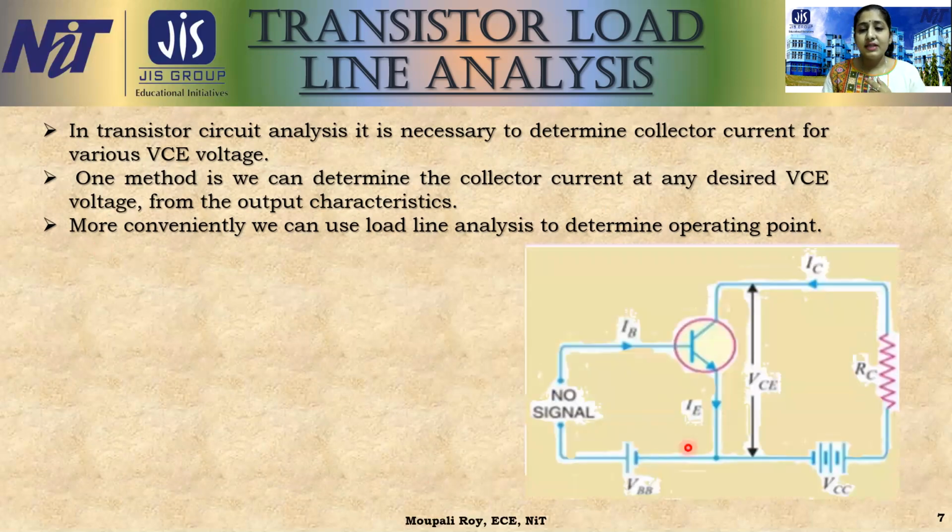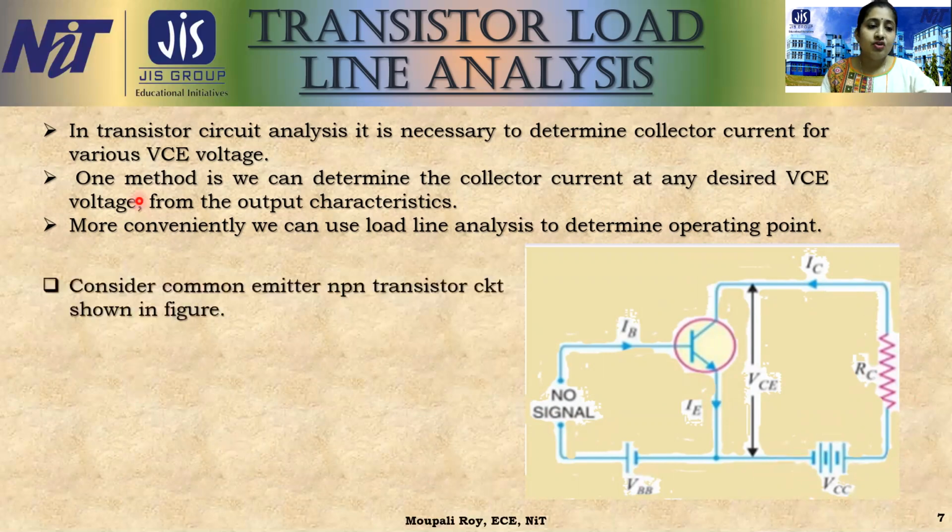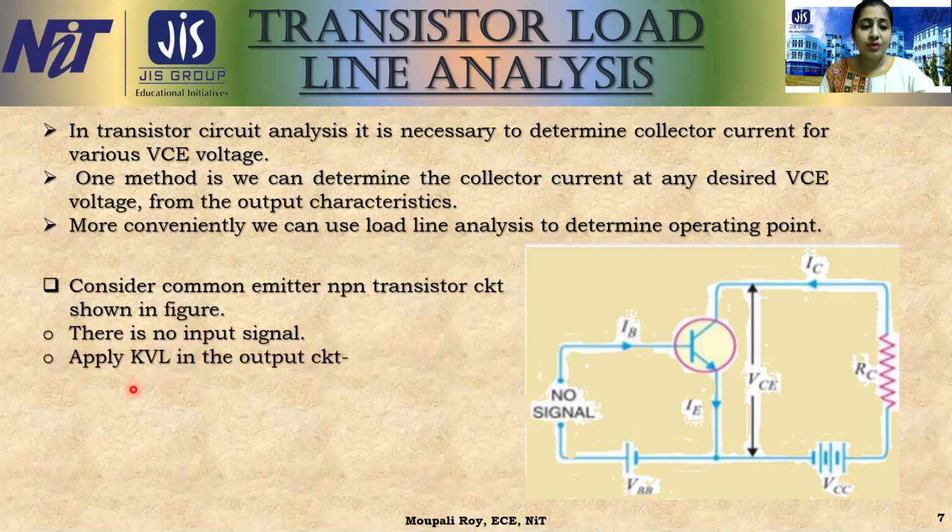Suppose this is our transistor circuit. We are giving our input there. This base emitter junction is our input, with no signal, and VBB is the input there. IC is the collector current, and emitter and collector are our output terminals, where we supply VCC. Considering the common emitter NPN transistor circuit shown in the figure, there is no input signal.